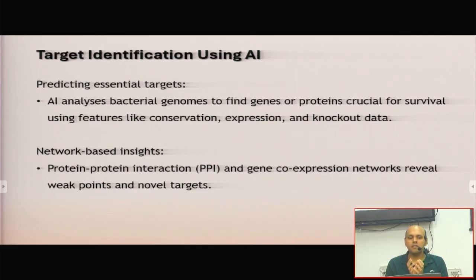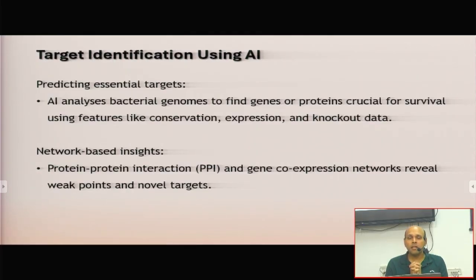There are certain conserved genes. Because Staphylococcus is a gram-positive organism, one of the main targets in gram-positives is the cell wall. So in the cell wall, you can identify what region can be targeted, and newer compounds, newer drugs can be developed for that.